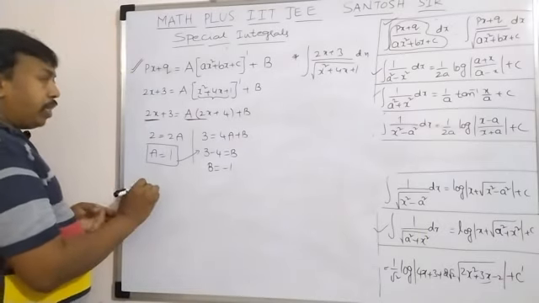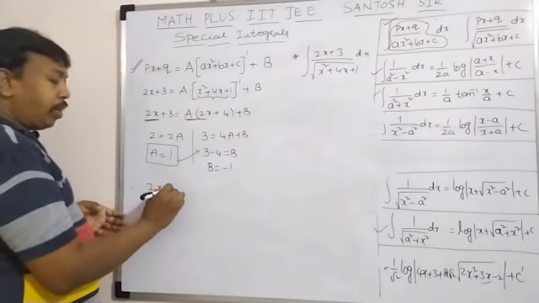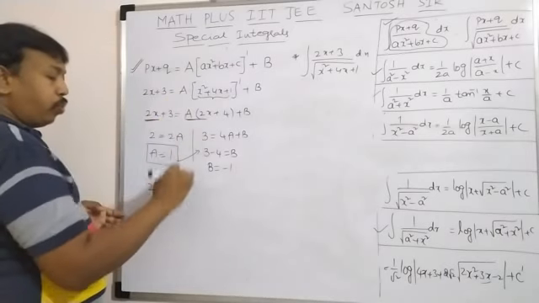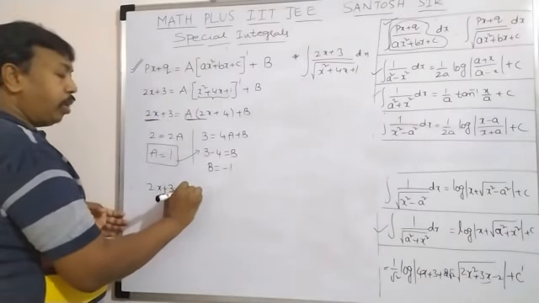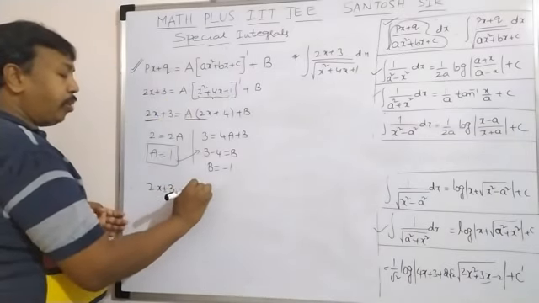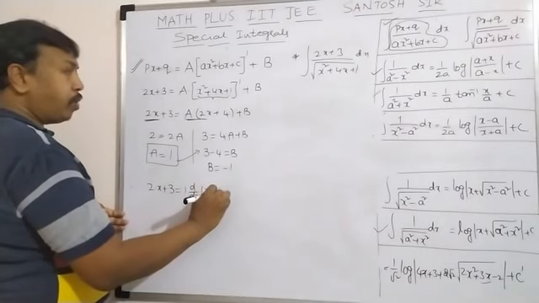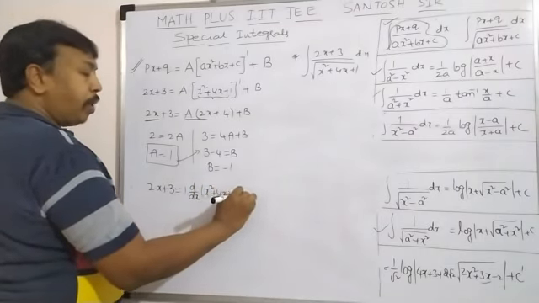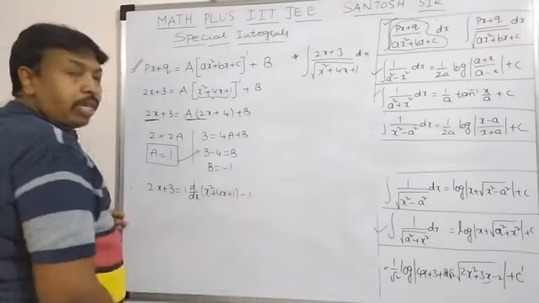Now the numerator, 2x plus 3, can be written as A into, that is 1 into, d by dx of the denominator x square plus 4x plus 1, plus B, which is minus 1.